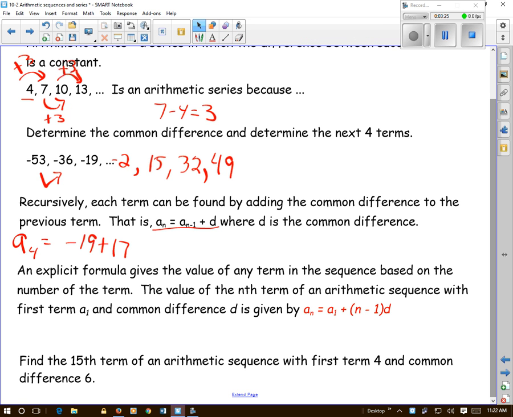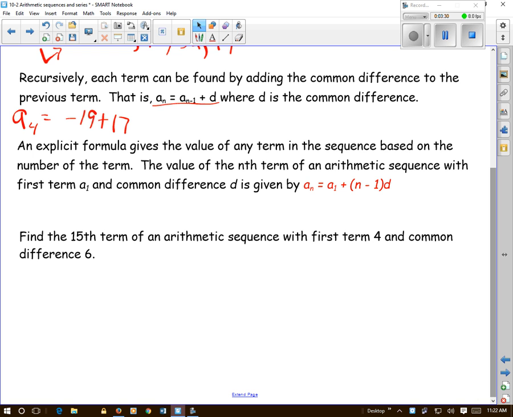An explicit formula gives you any term in the sequence that you want without finding all of the others, based on the number of the term. So here we have the explicit formula for an arithmetic sequence. We can always find the nth term by taking the first term, a1, plus n minus 1 times the common difference.